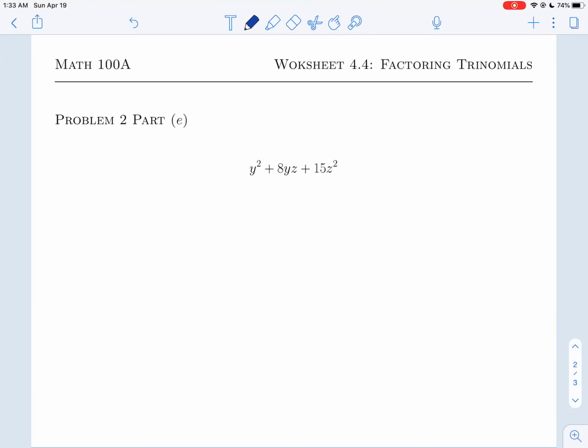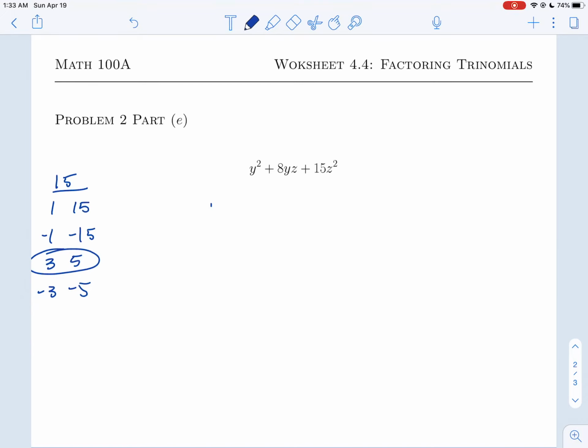So let's go ahead and look for a pair of numbers that multiplies to 15 and adds to 8. With 15, I actually have even less options than I had in that last problem. So I can do positive 1 and positive 15, negative 1 and negative 15, positive 3 and positive 5, and negative 3 and negative 5. The ones that are going to add to 8 are that positive 3 and 5.